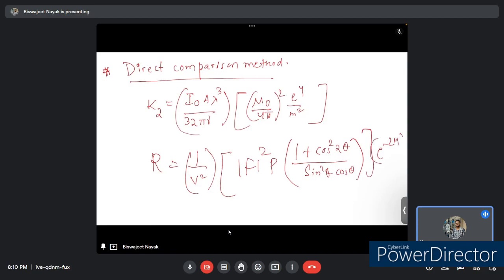Then we can write our intensity as K2 R by 2 mu, where K2 is a constant independent of the kind and amount of diffracting substance, and R depends on theta, HKL, and the kind of substance.